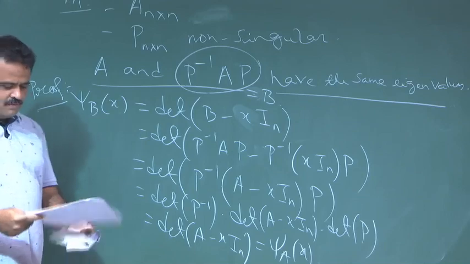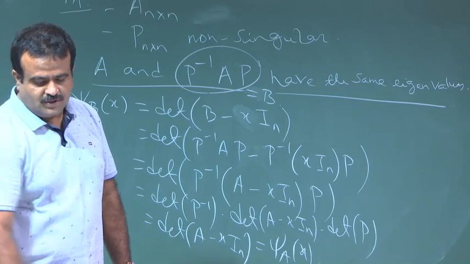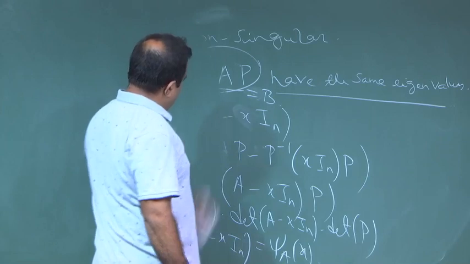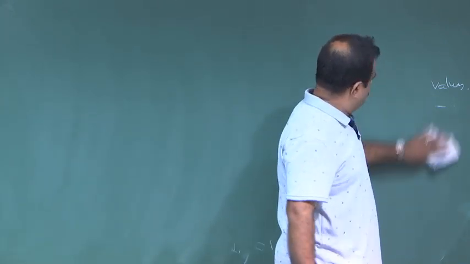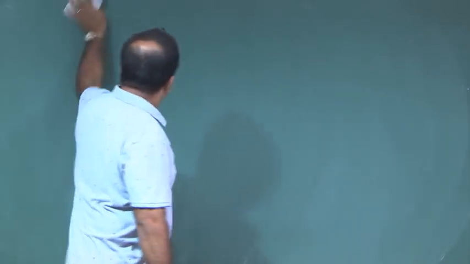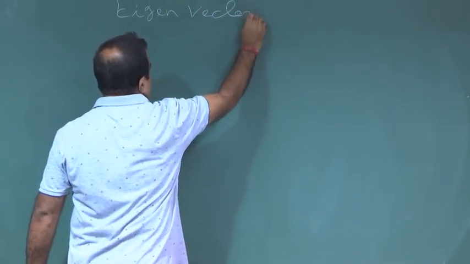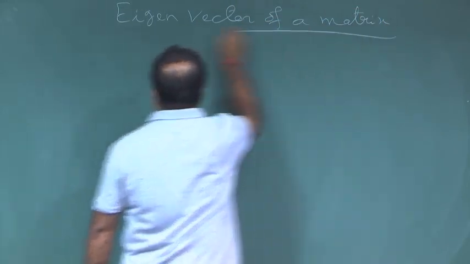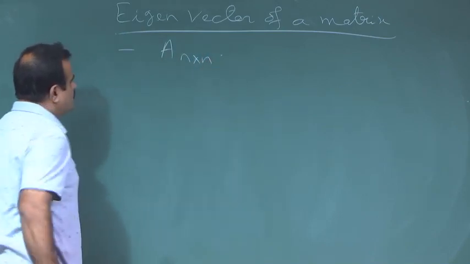So, if we have a square matrix, then we will get basically the same eigenvalues for P inverse A P. Okay. So, now we will define the eigenvector of a matrix. Suppose A is a square matrix, an n by n matrix.